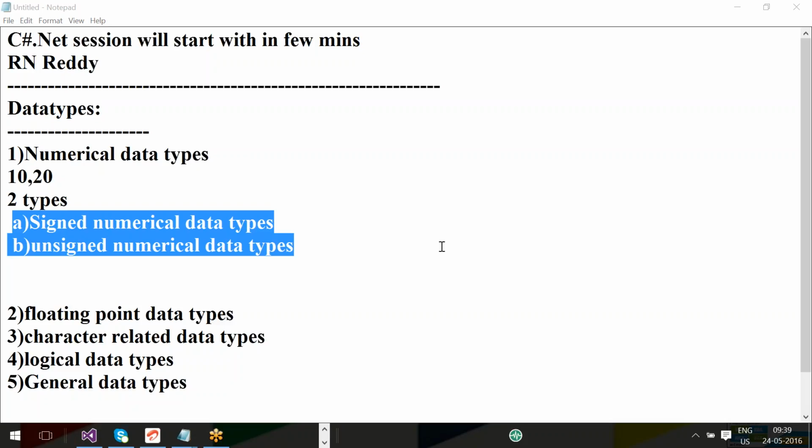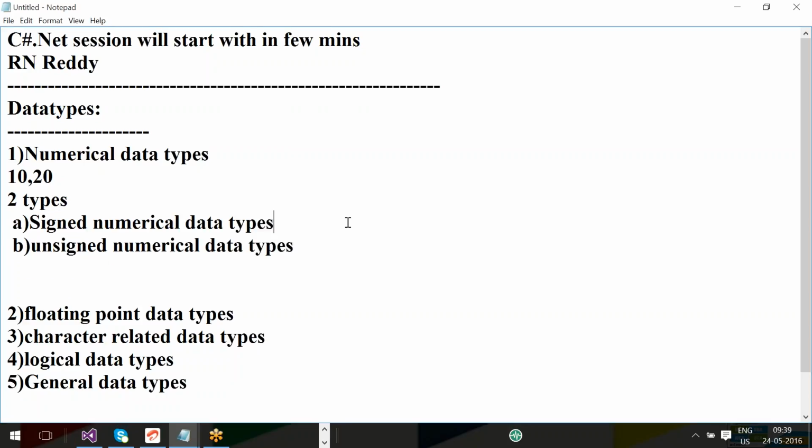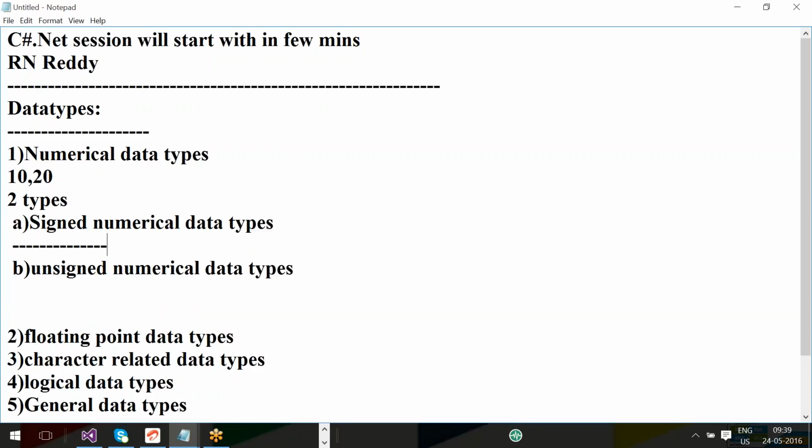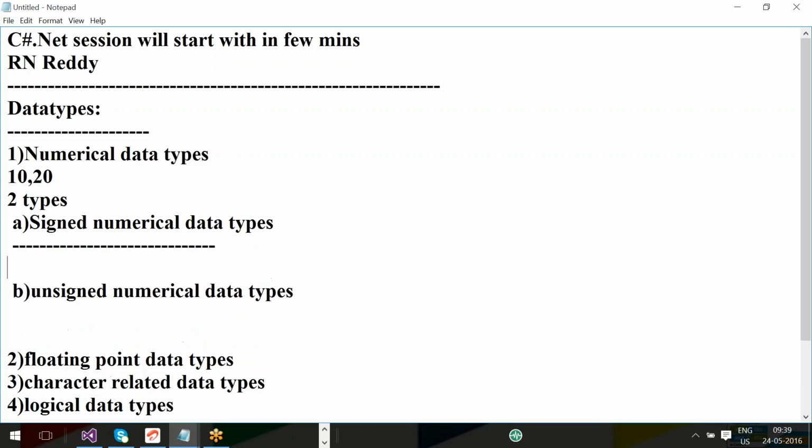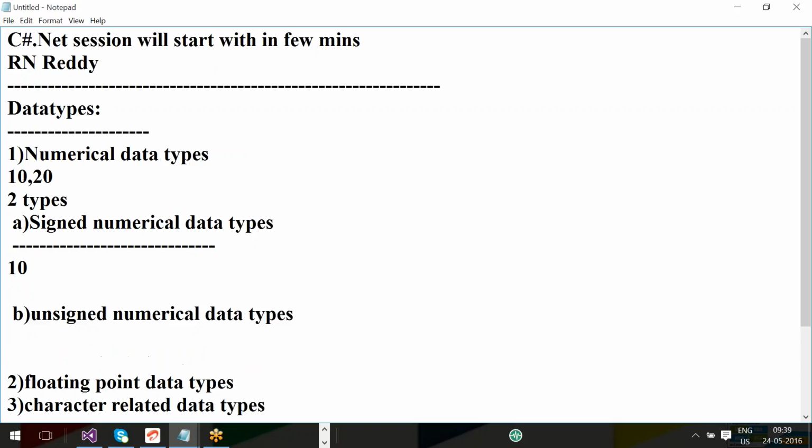What can signed numerical data types contain? Both positive and negative values, like 10 and minus 10.